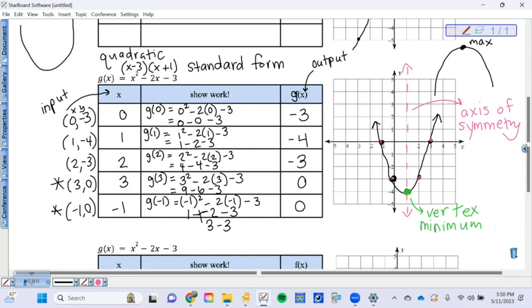And then number 4 on the back page of your packet, I gave you a graph of a parabola like this, and you just need to fill in the table. So when 0 is the input, my output would be -3, right?